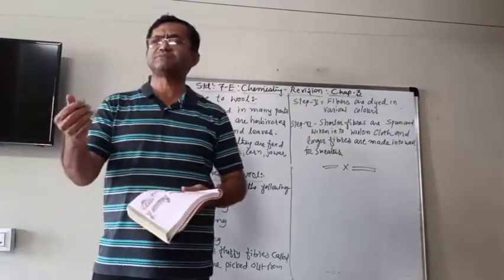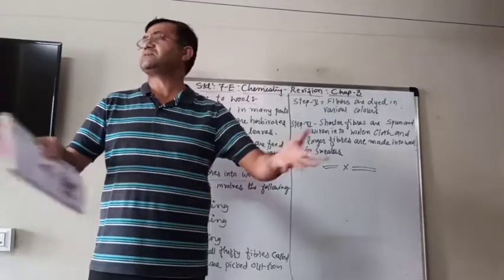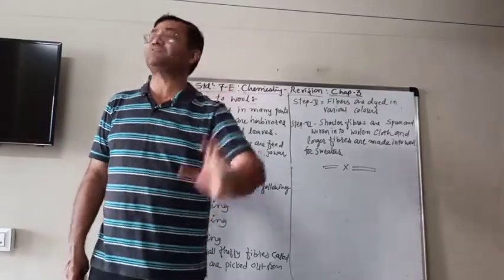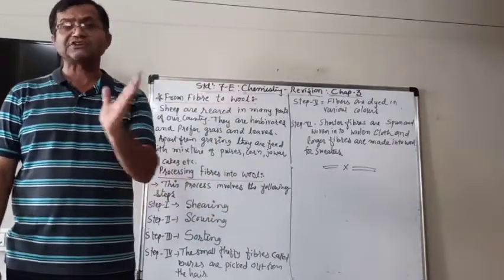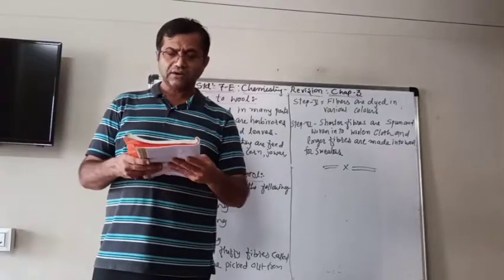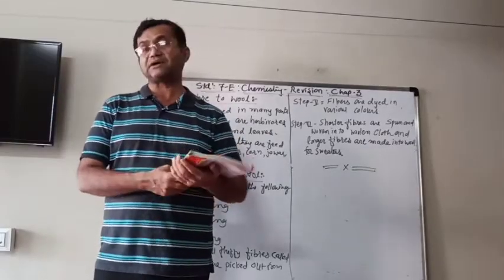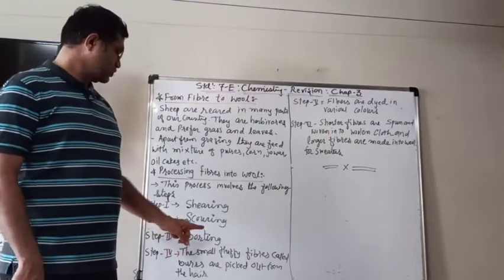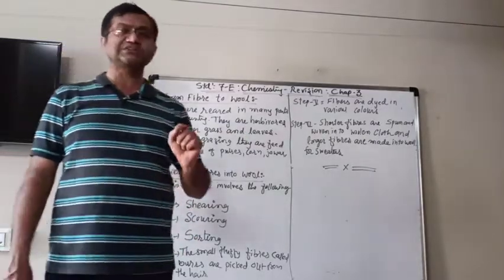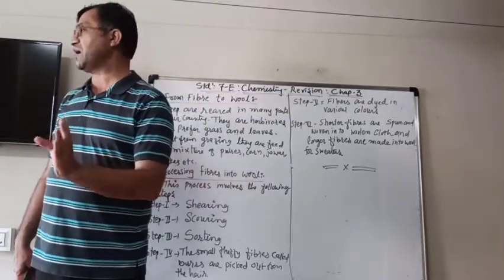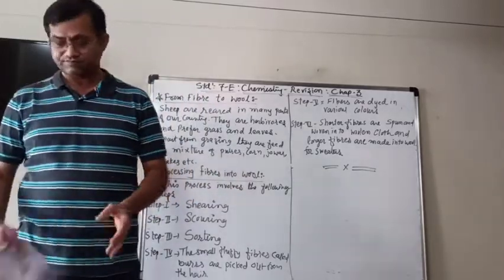All the hairs will not be equal, and therefore they are sent to the factory and sorted into different textures. Means they are separated, and that process is known as sorting. So that was the third step, in which the different texture fibers are getting separated.